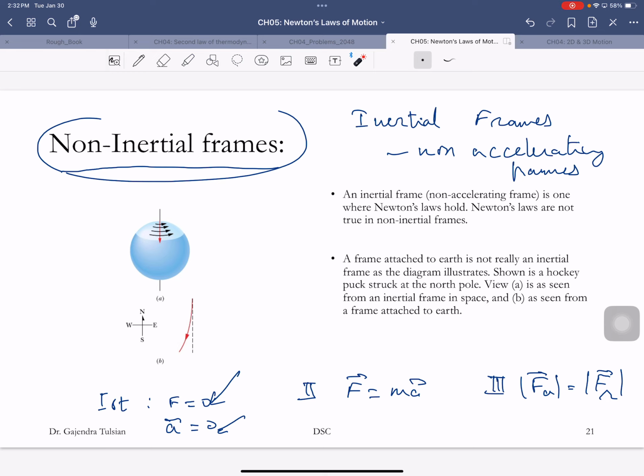Well, Newton was all wrong. Well, Newton wasn't wrong. I mean, Newton's laws apply in an inertial frame. You were looking at it in a non-inertial frame, and that's why you had to invent a fictitious force.